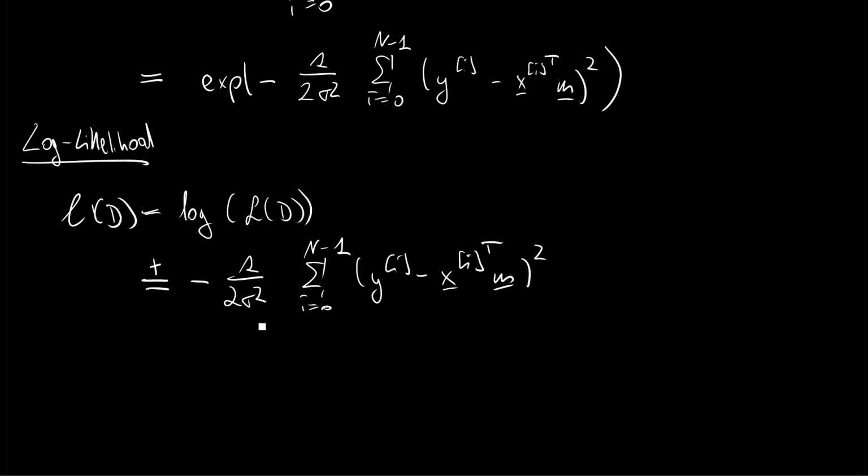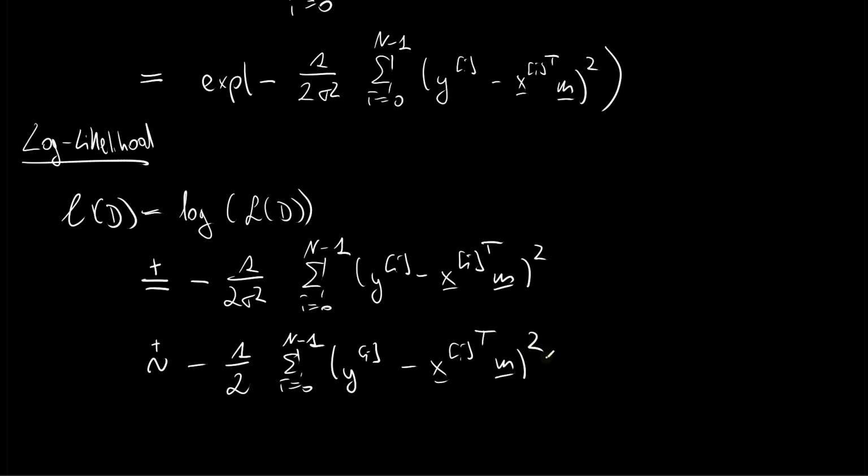And here we will again have a prefactor, 1 over sigma squared, which we can get rid of by again speaking in terms of the proportional. So we will then have something that is proportional and up to an additive constant, and this one is minus 1/2 times the summation from i=0 to capital N minus 1 over the yi data point minus the xi data point transpose times m in brackets squared.